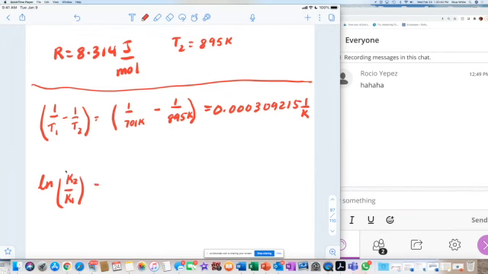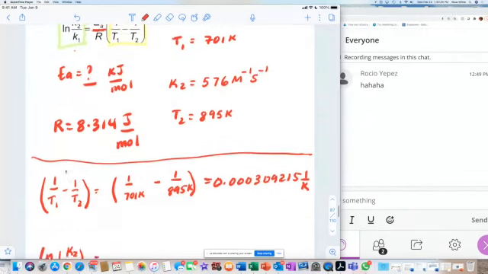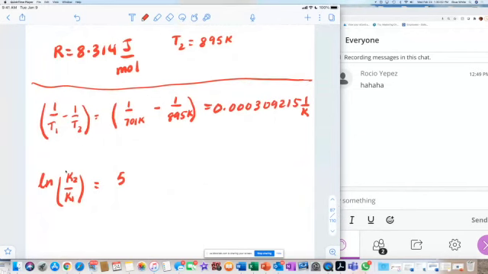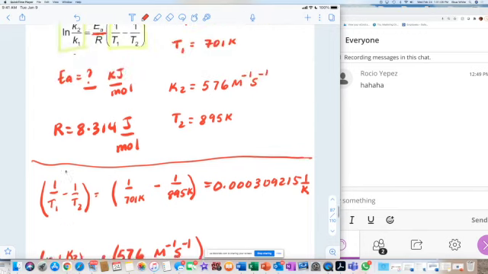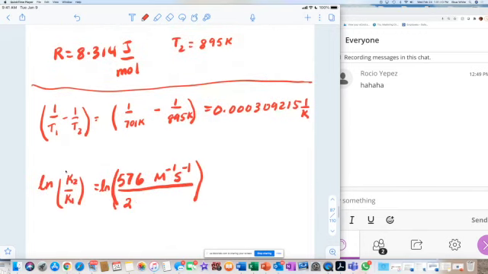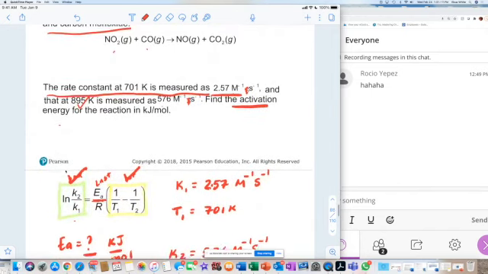And this is going to be in parentheses. So I'm going to set this up here. Where's my k2? 576 m to the power -1, s to the power -1. Oh, I forgot my ln. The ln is right here, right? Over k1 is what? 2.57 m to the power -1, s to the power -1. So let me see, where's 576? Let me make sure the numbers are right.